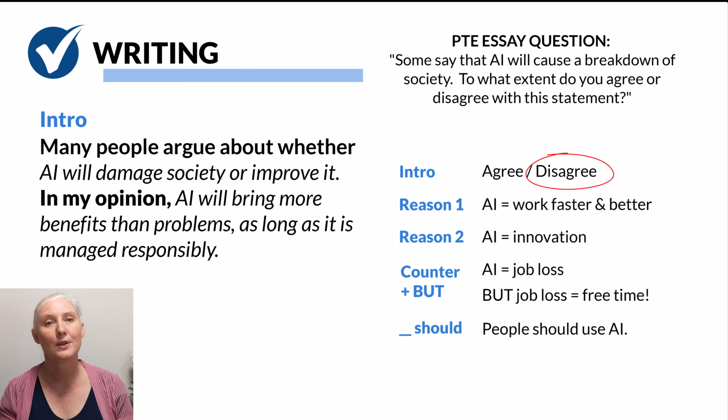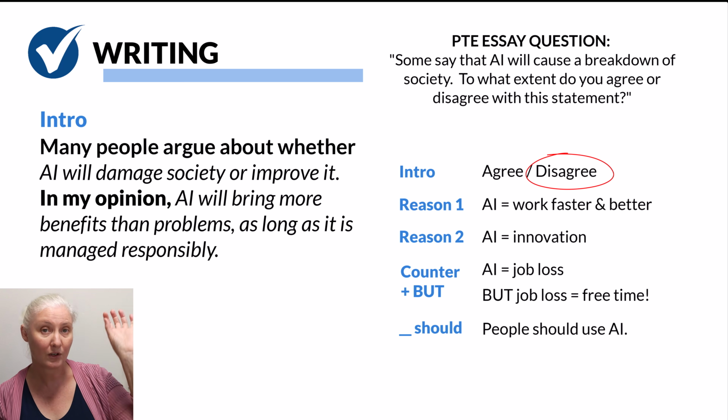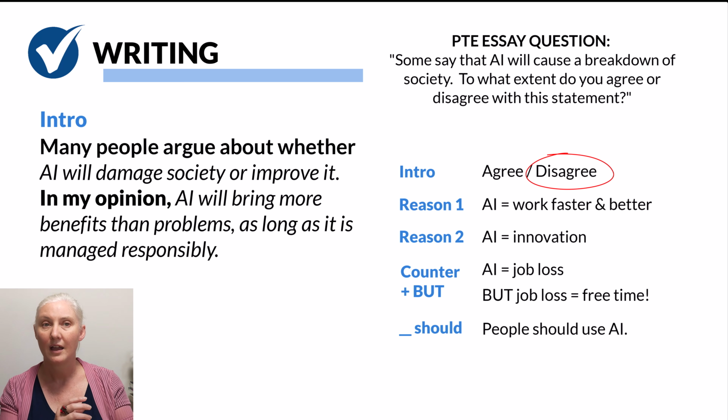Okay, so many people argue about whether, and in this case, I will say artificial intelligence will damage society or improve it. Simple, right? So I've just taken the question, changed the words just a little bit, and put it in with my templated sentence. Now, my template introduction is only 2 sentences. Yeah?